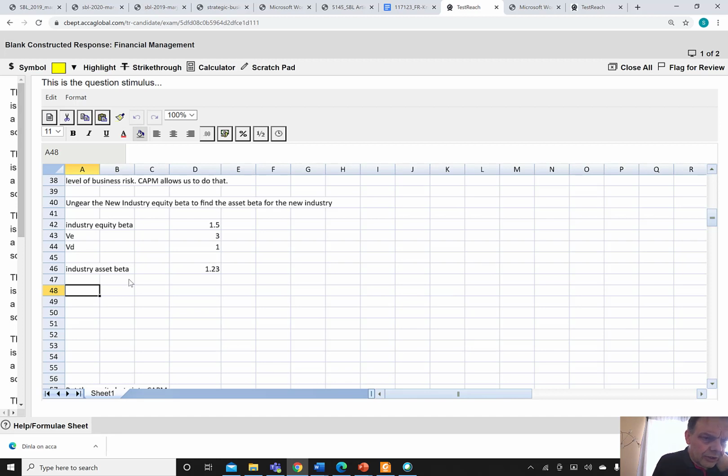We then put that into our equity beta, so we need to regear using the company's level of gearing. And we know that the company has 2 and 1, so the asset beta is 1.23, and the value of equity is 2.